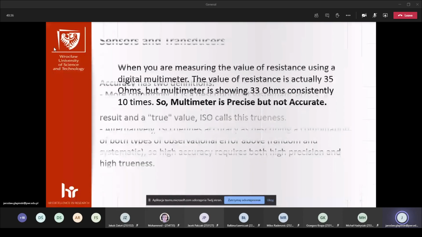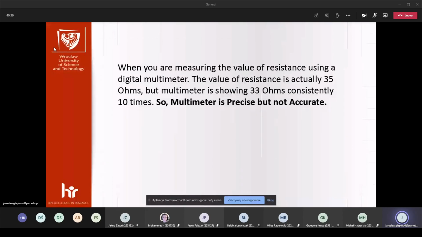Okay. So, for example, when you are measuring the value of resistance using a digital multimeter, the resistor is actually 25 ohms, but the multimeter shows 43 ohms. So it means the multimeter is precise but not accurate, because the precision is, let's say, 1 ohm, and the accuracy, as we can see, is 2 ohms.